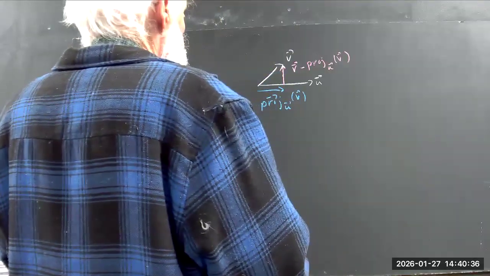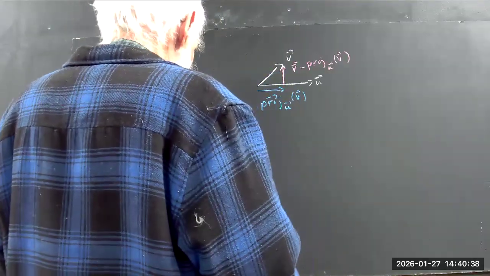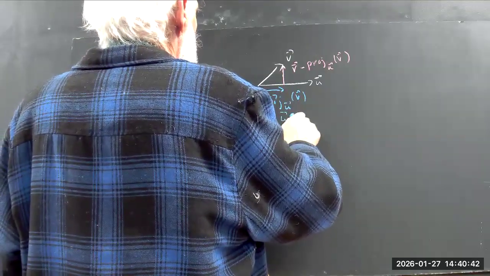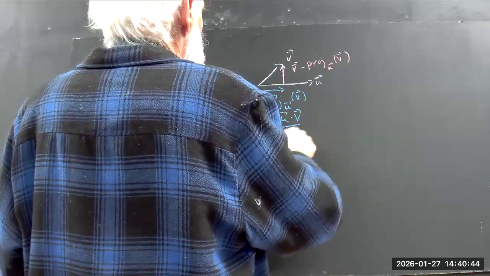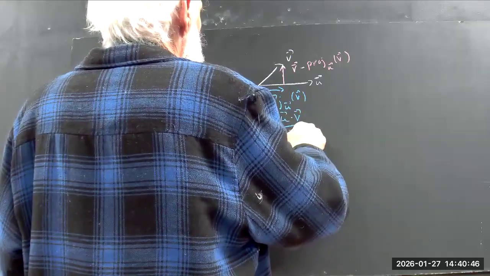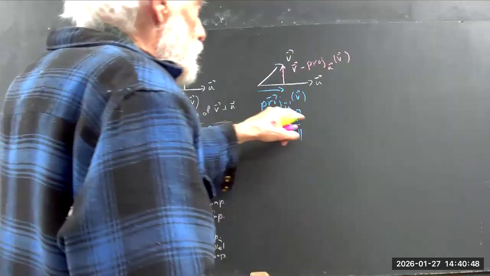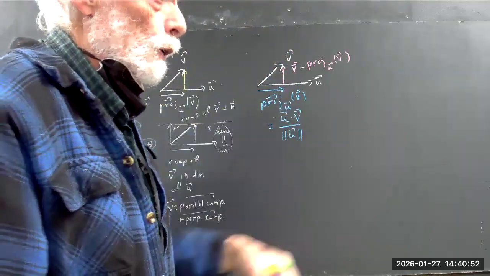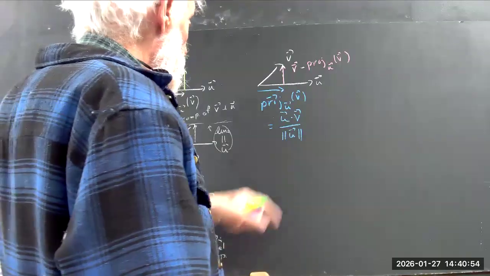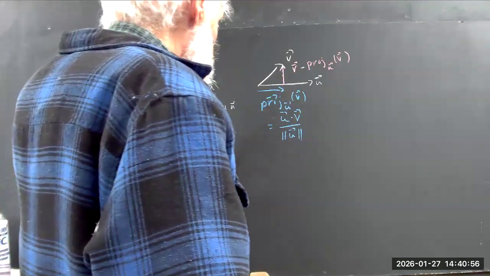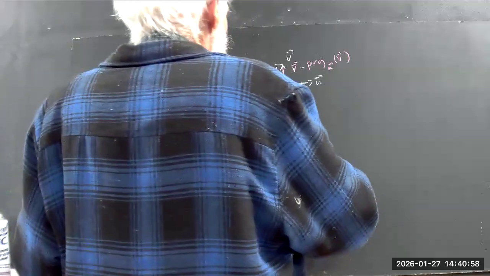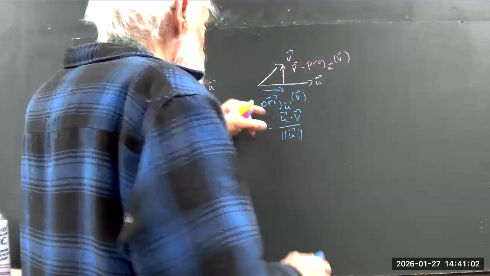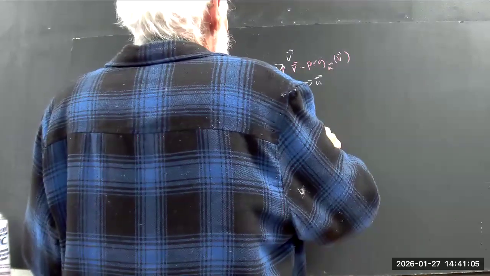Now, projection onto U of V is what again? It's U dot V over the magnitude of U. If you think, again, the definition of U dot V, magnitude of U, cosine of theta. If you divide out the magnitude of U, you're going to be left with the magnitude of V cosine theta, which is the scalar projection.